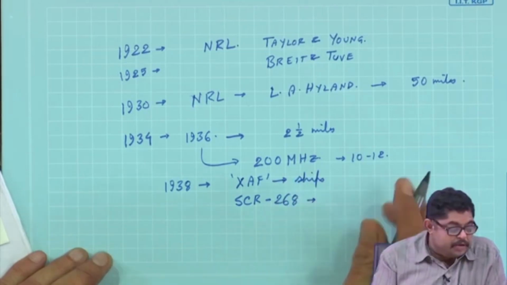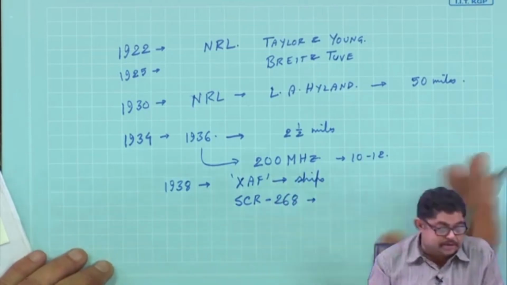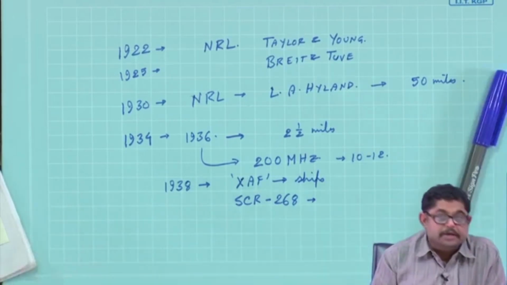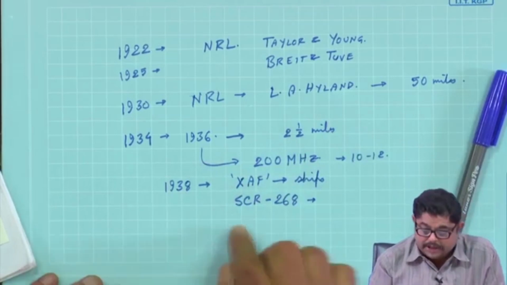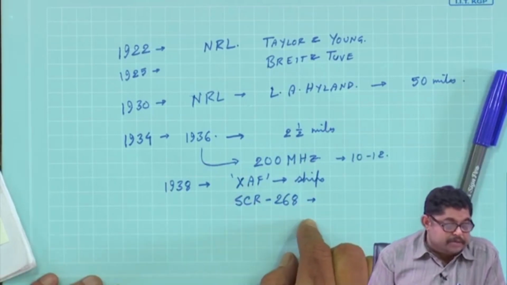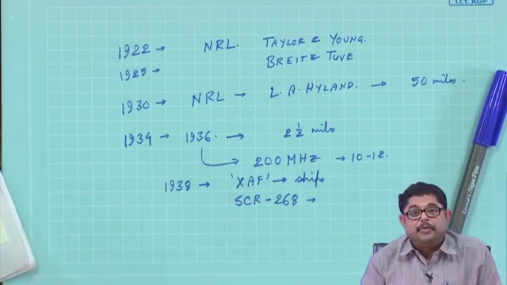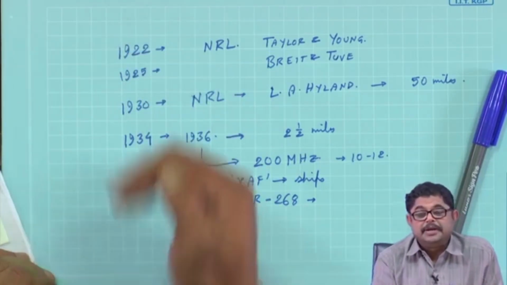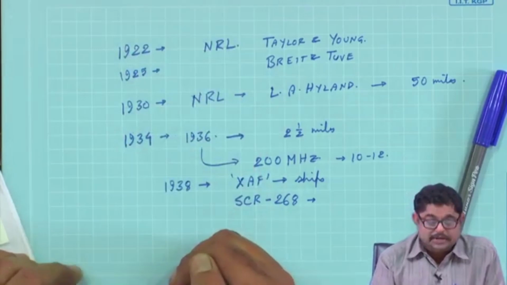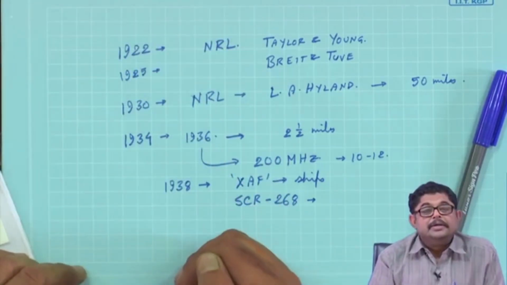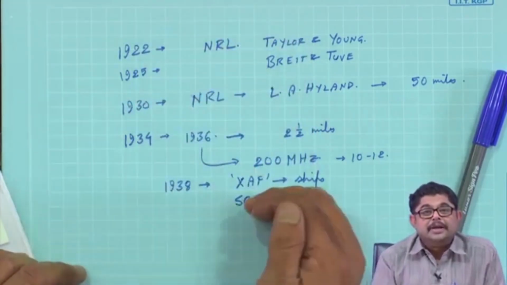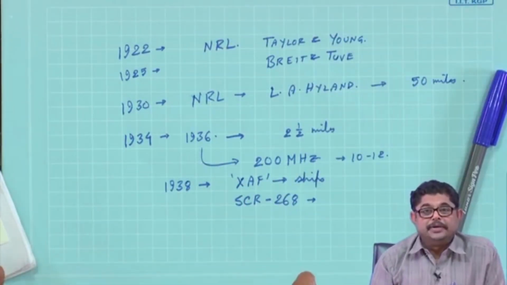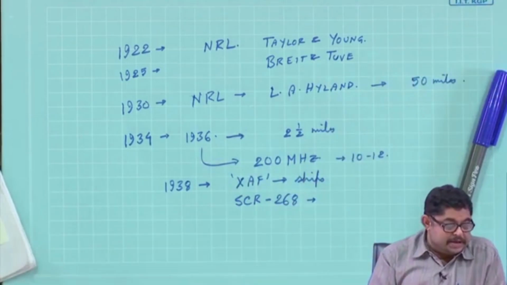All the modern US Army anti-aircraft fire control had this radar, and so you see the importance of fundamental research. Since the US naval people researched on radar, by the Second World War they were ready with a system which can detect.